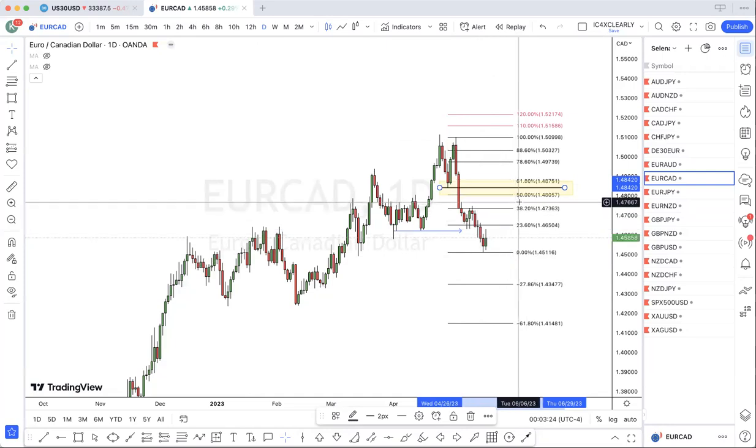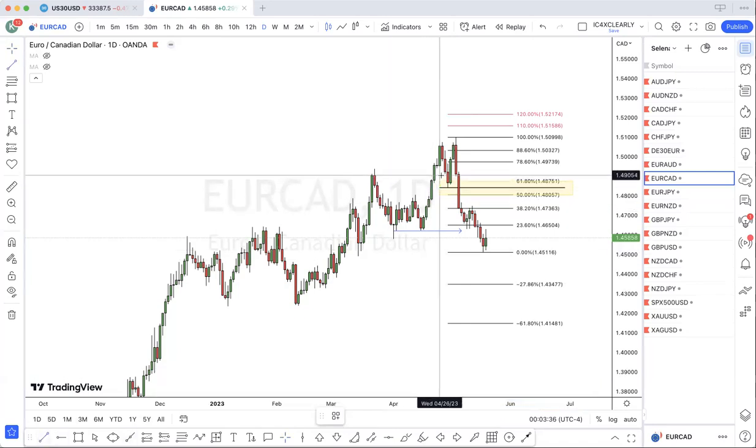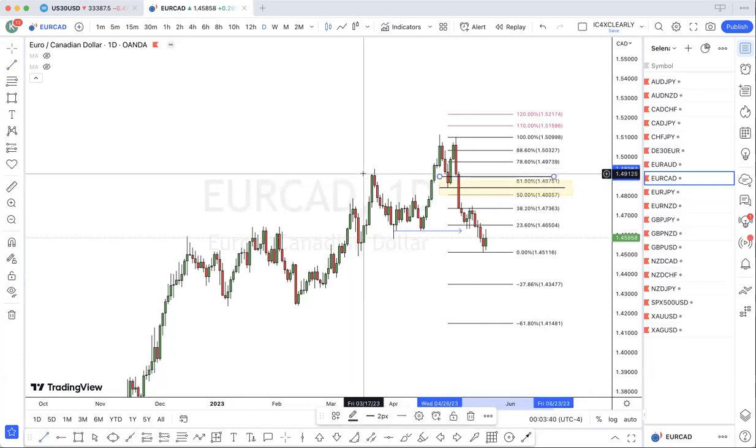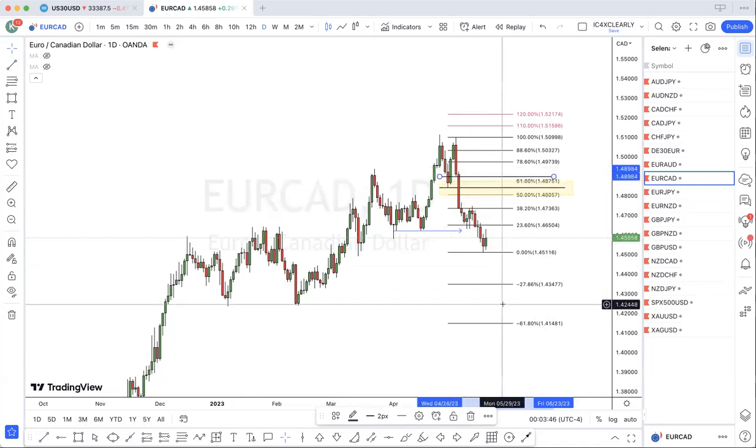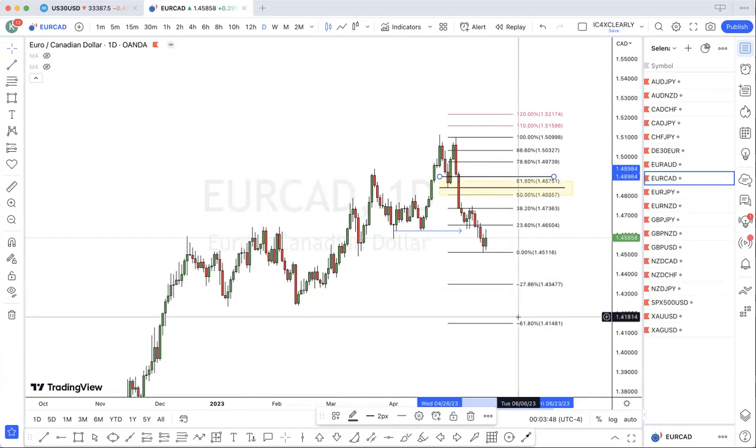But I would definitely be watching Euro CAD for a pullback, and it may just come and fill this imbalance as well. It's really what I expect it to do based on price action over here, to then sell to the -27, possibly the -61.